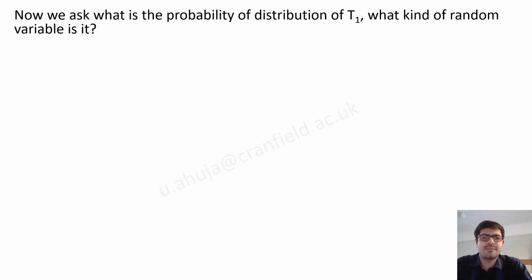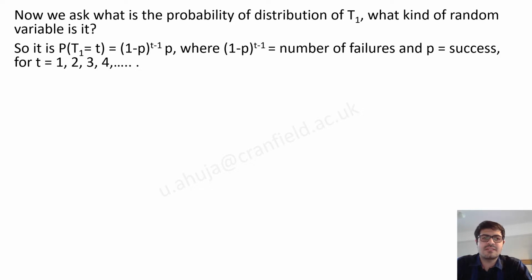What kind of random variable is it? P(t1 = t), for an arbitrary value t, is equal to (1-p), the probability of failure, to the power t-1, times p, the probability of success. So we have all the failures multiplied by the probability of success.